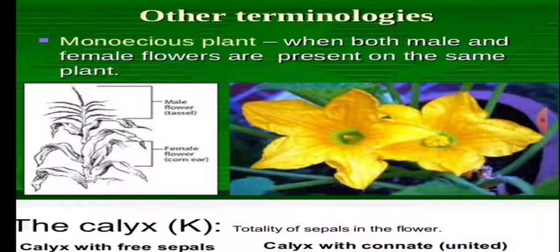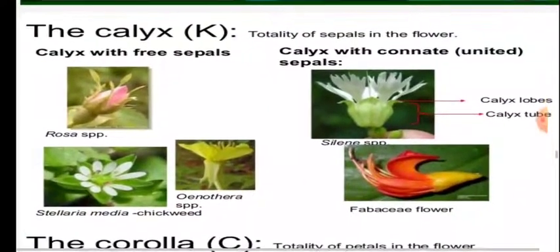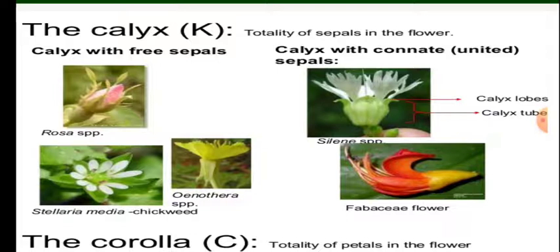Then the cucurbits are there. In the Cucurbitaceae family, the flowers are bisexual. Calyx is indicated in the floral diagram by capital K, and here the calyx is connate, united.